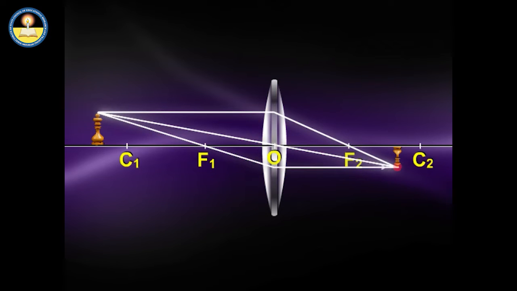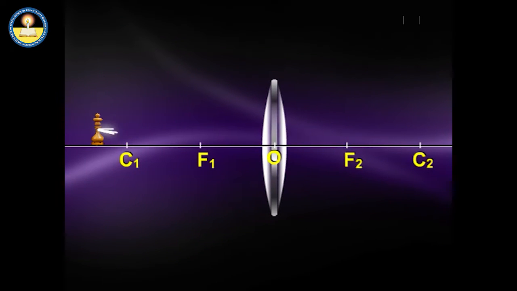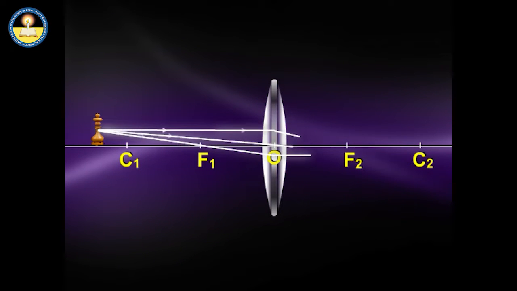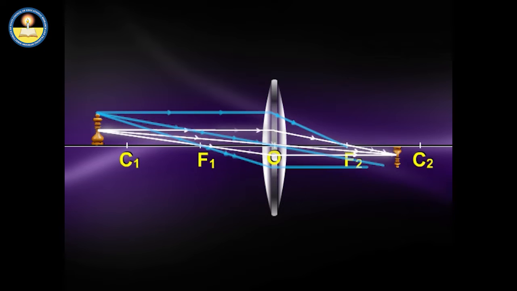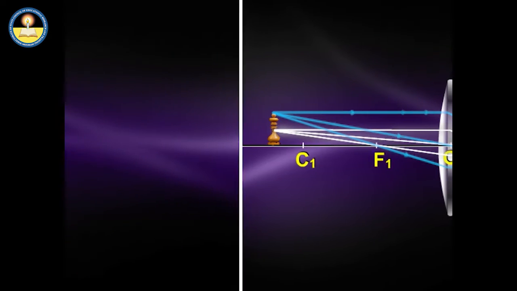The point where the rays meet or appear to meet after refraction from the lens is the image of that point of the object. In a similar way, the image of each point of the object can be obtained, and all these image points altogether form the complete image of the object.